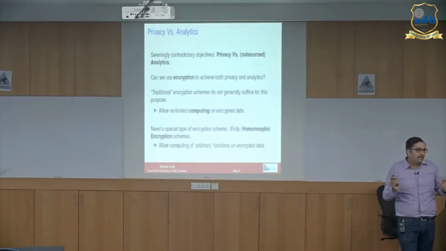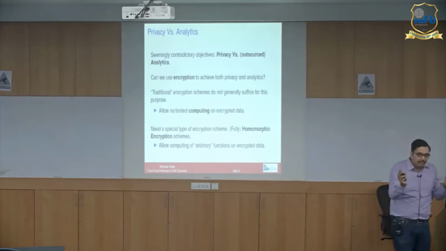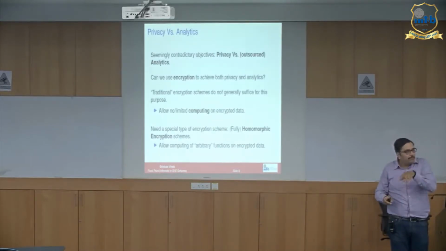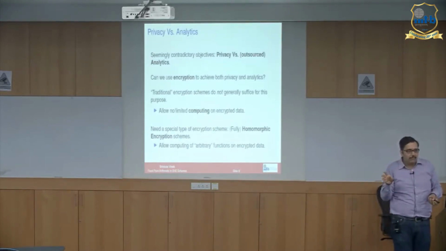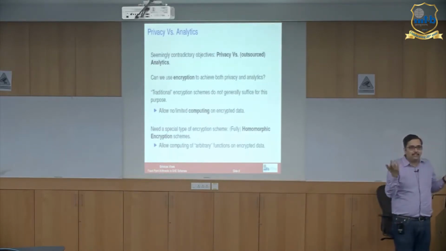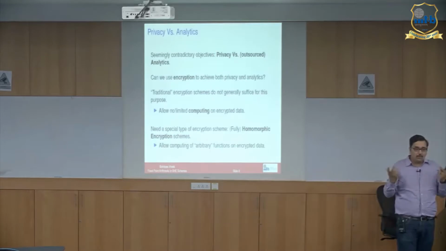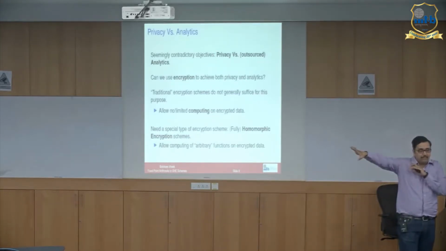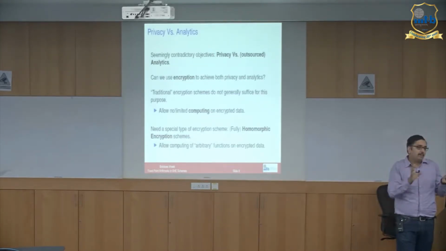But if I'm making business out of this product, I am not willing to give you my algorithm, nor will you be able to give me all the information. So you give that information in encrypted form. I'll do the analytics, and you will get back your result in encrypted form. So I will not know the value of the stock price in the foreseeable future, and yet I will not give you my algorithm.